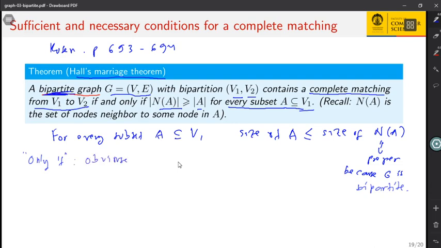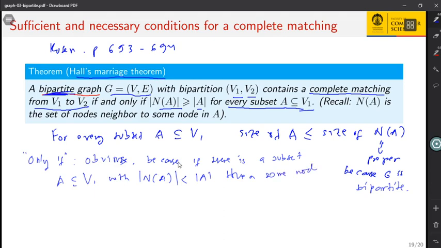Because if there is a subset A in phi1 with the size of the neighbor of A less than the size of A, then some nodes in A cannot be matched.